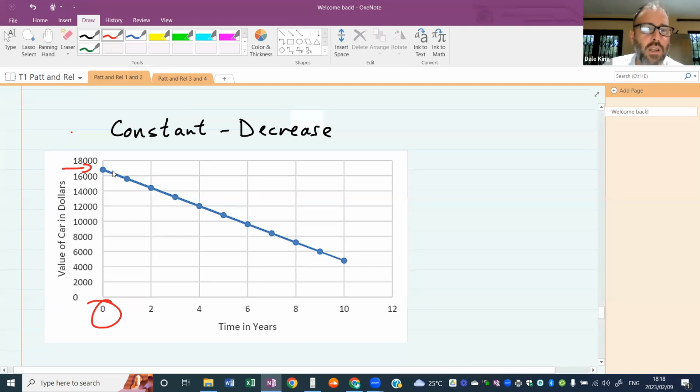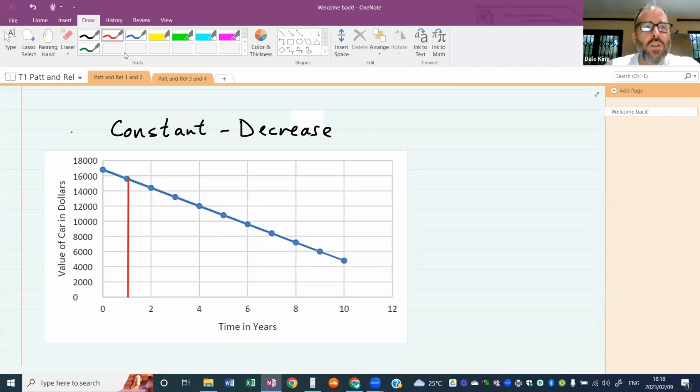But after a year or two, the value of that car starts to decrease. And we see on this graph that if I draw a line between the 0 and the 2, exactly on 1, and I go straight up, we can see that it's just under 16,000, so maybe 15,900 US dollars.